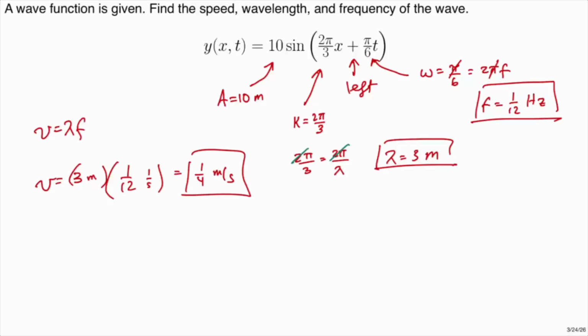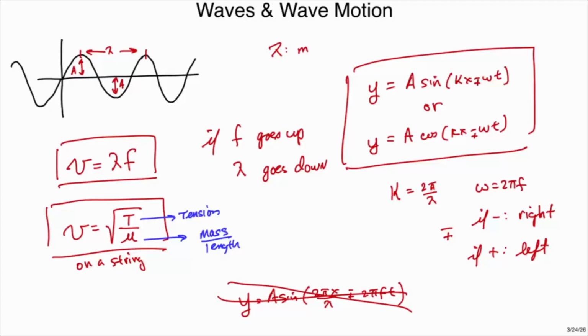We should throw in back here on this screen. We know that wavelength is equal to 2 pi divided by the wave number. That's just a rearrangement of that equation. And we also know that frequency is equal to omega over 2 pi. So what's speed going to be?